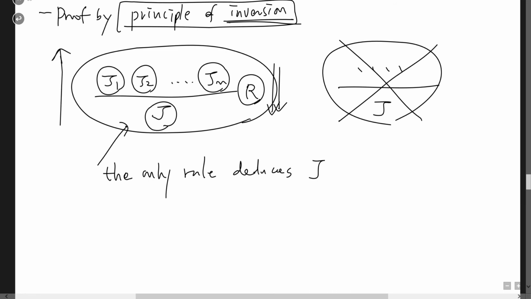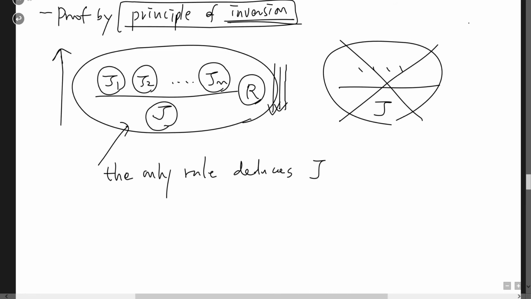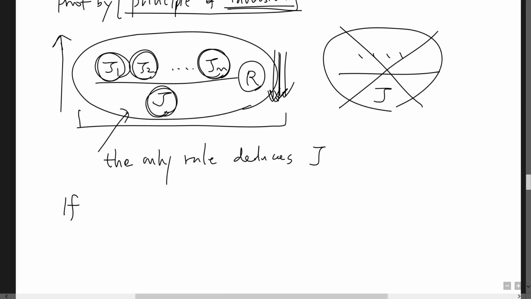The conventional way of reading this rule is top-down. That is, we build the proofs of the judgments in the premises and then move downward. But if this is the only inference rule that deduces J, then what that means is that if we have a proof of J, then we may assume proofs of J1 through Jn.